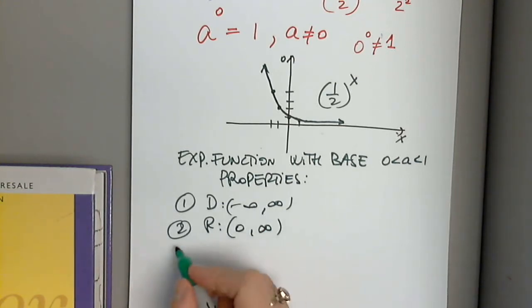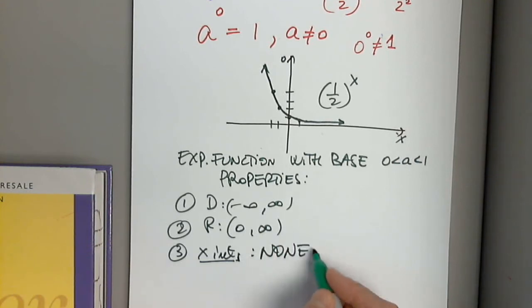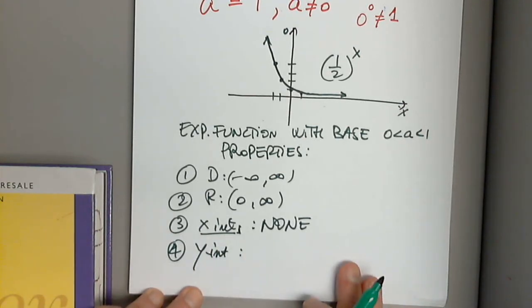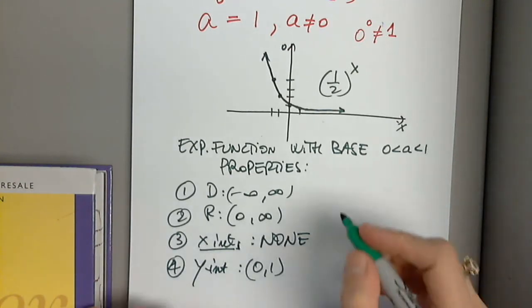Very good, awesome. Thank you. X-intercepts. Of course, thank you. 4. Y-intercept. Always. For a pure exponential function, the y-intercept will always be 0, 1. If it has transformations, it's a different story. We're going to look at transformations in a minute.